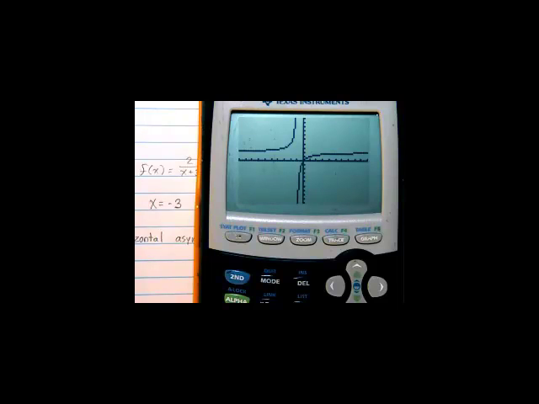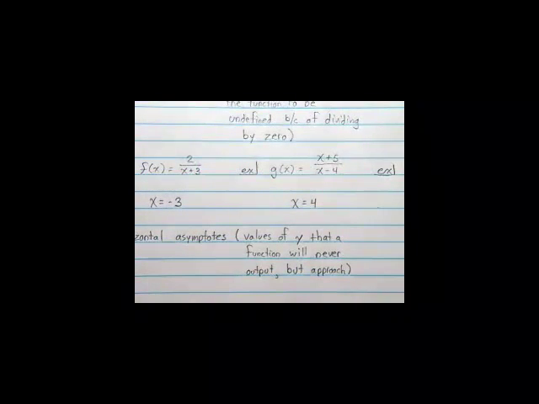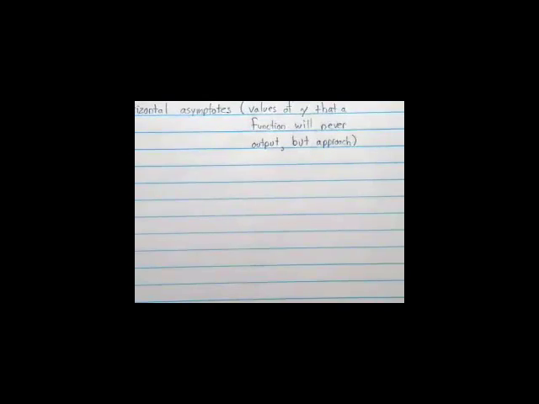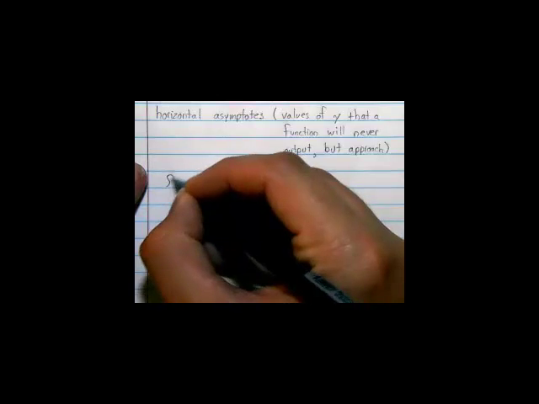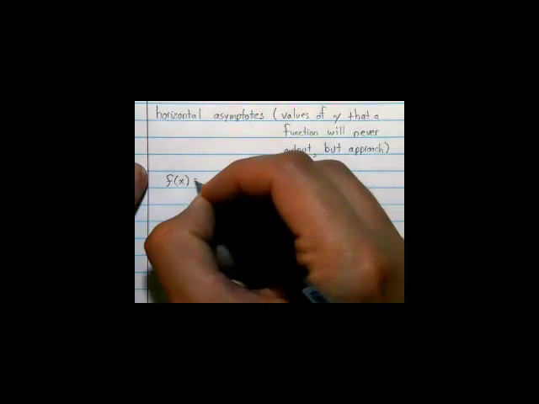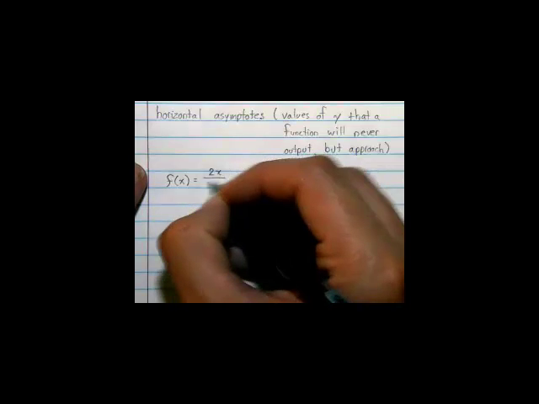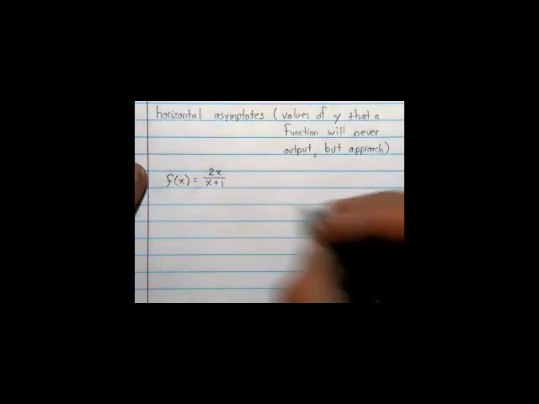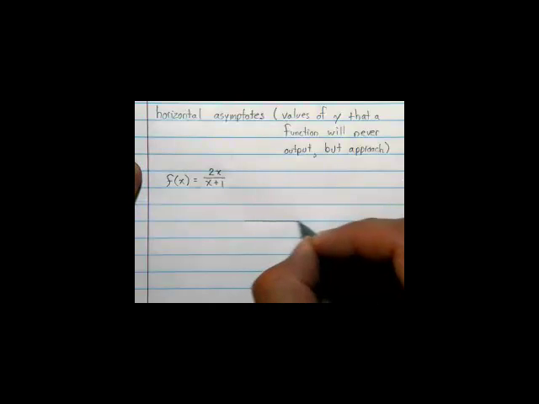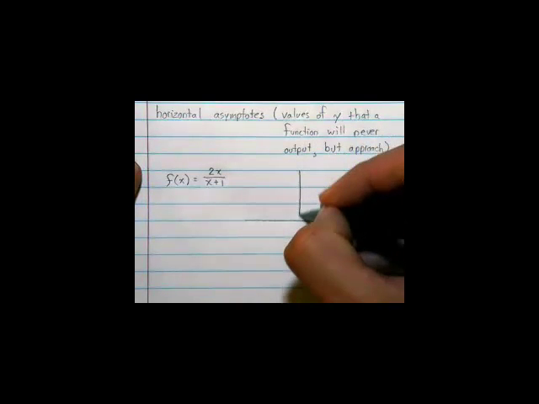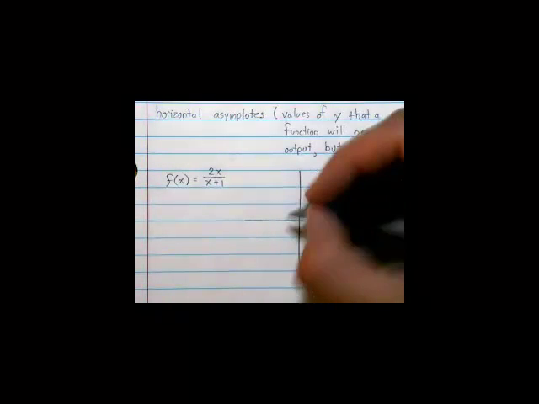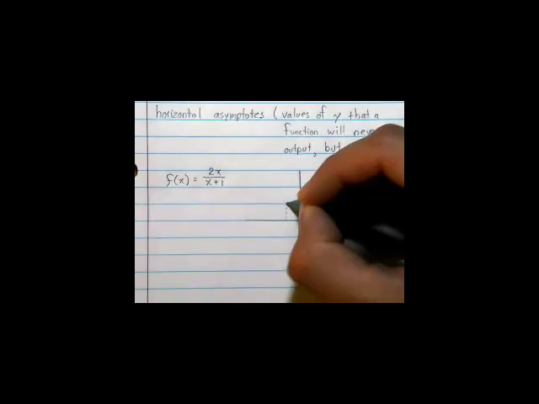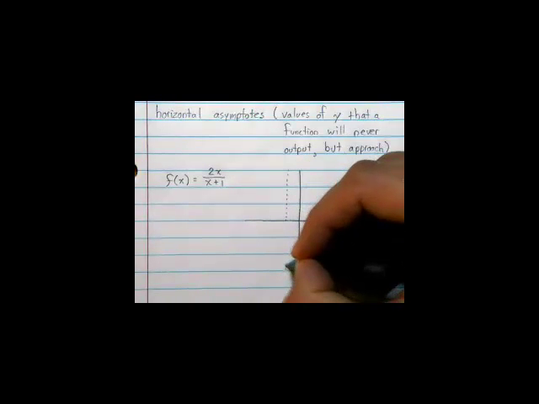So I'm going to sketch this graph on here so you can kind of see it a little clearer. And we'll talk about this. So we had y equals 2x over x plus 1. And from our graph, we identified that it had a vertical asymptote at -1. And when we sketch these things by hand, we use dotted lines for those.